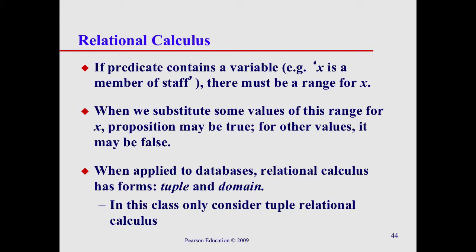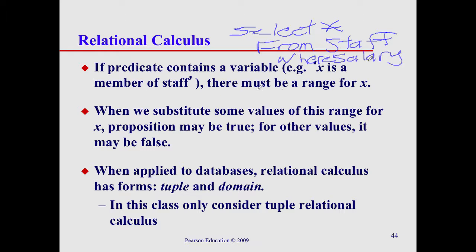So when you say something like select star from staff, okay, and then I'm going to say where salary is greater than 10,000. Staff is a tuple variable, okay?